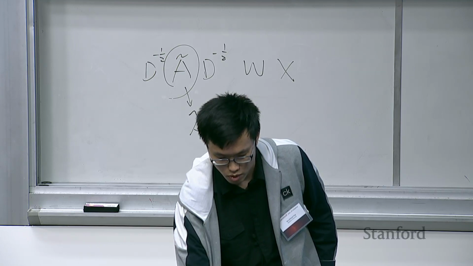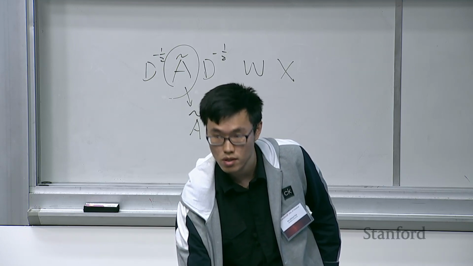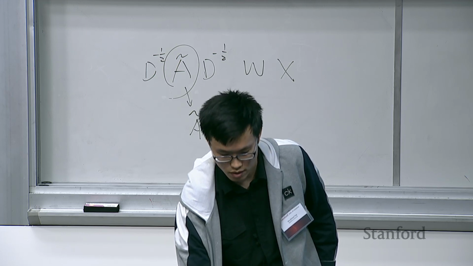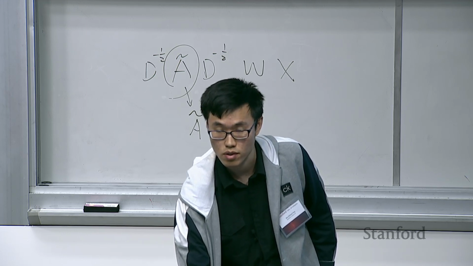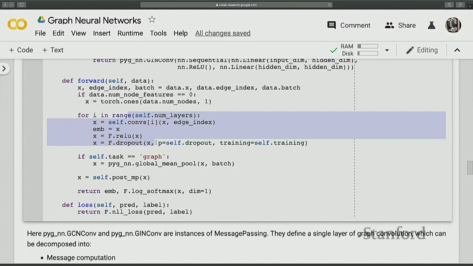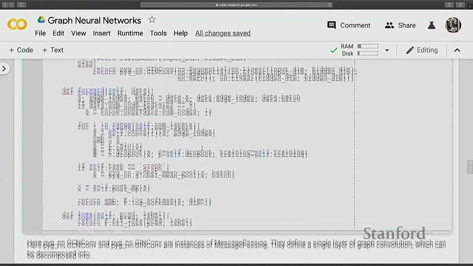I put in one conv from input to hidden, a second conv from hidden to hidden, and then this is a loop over 2 layers. In the forward function, there's also a loop. I take the input, use the convolution that I just defined, get the output, and the output is fed back in this loop as the input of x. So that's the layer.